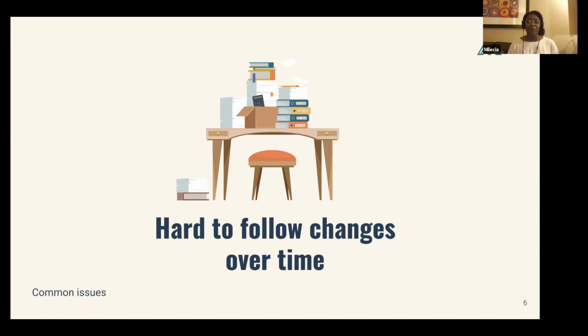But over time, with all of these little changes, it's hard to remember which one was the good one, and which one you learned something from. It gets really messy really fast.